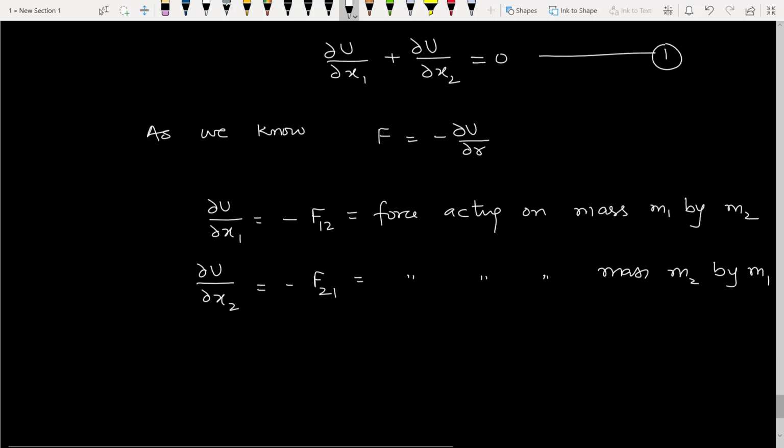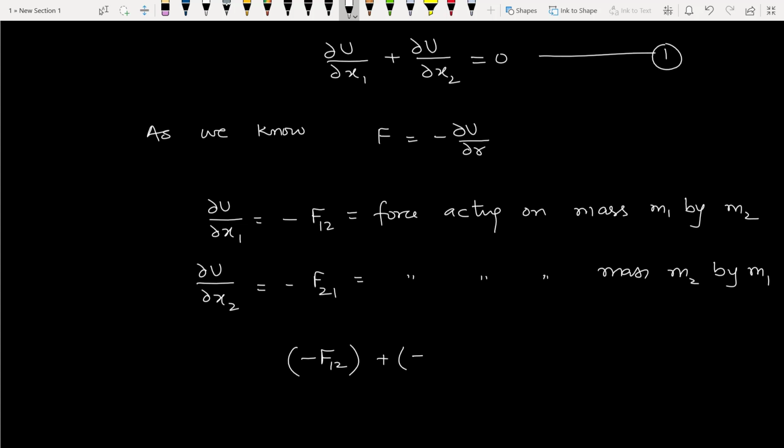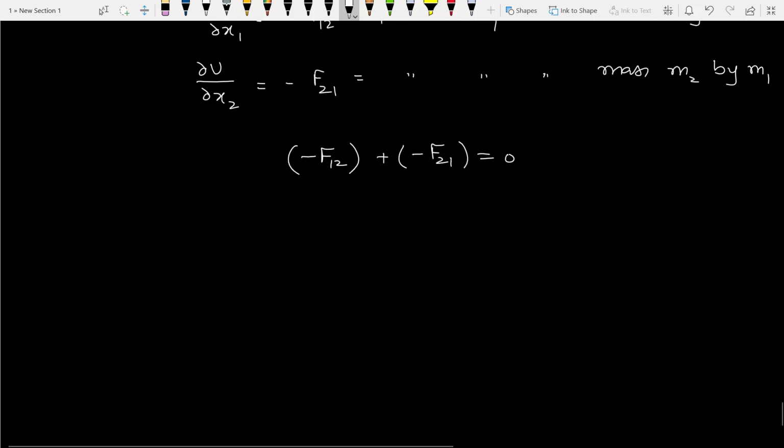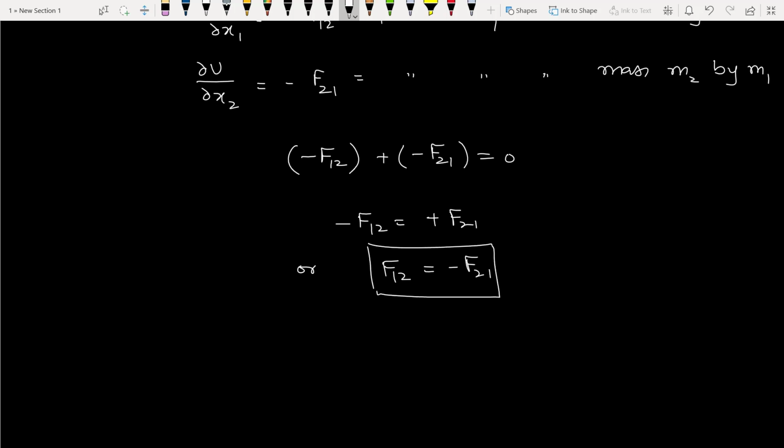So if we substitute these values here, it will be minus F12 minus F21 equal to 0. So from here, F12 is equal to minus F21, which is nothing but Newton's third law of motion. Action and reaction forces are equal, opposite and simultaneous to each other.